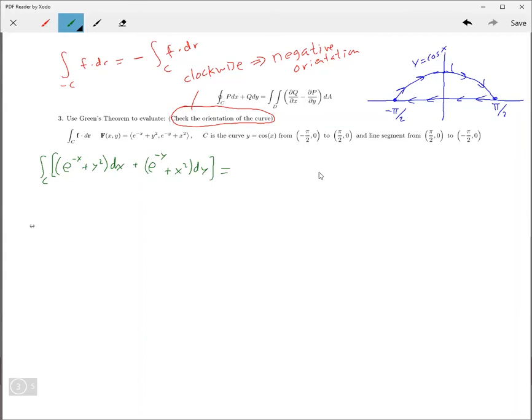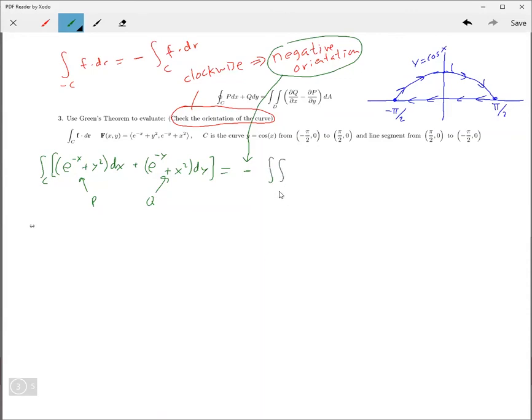According to Green's theorem, this is our P and this is our Q. Now, this is going the opposite direction, so we add a negative, and that negative is from the negative orientation.